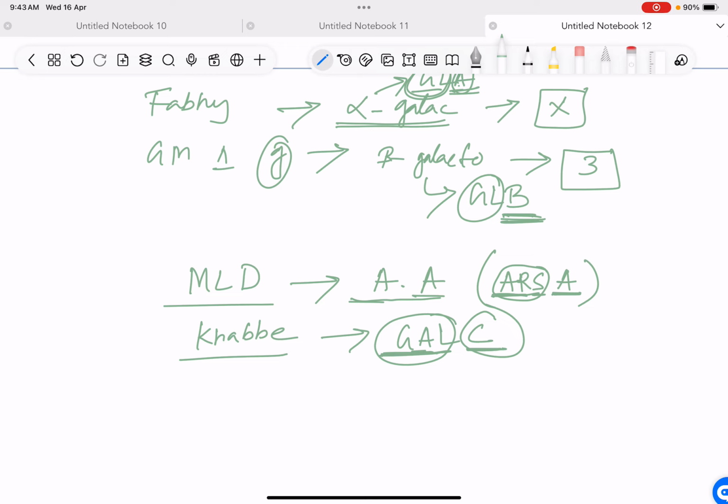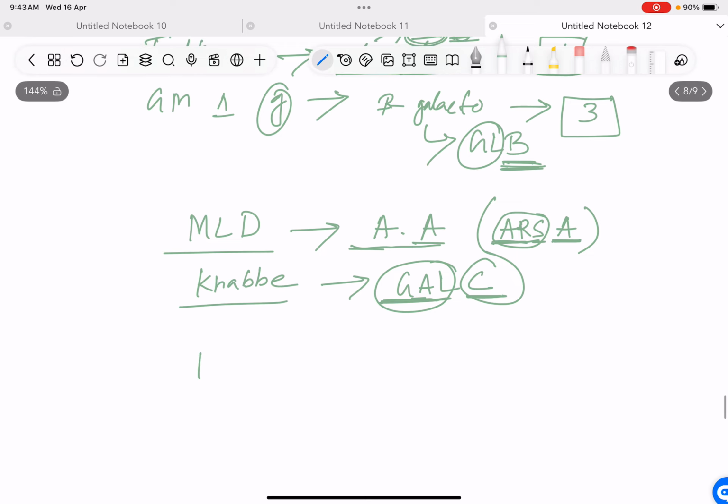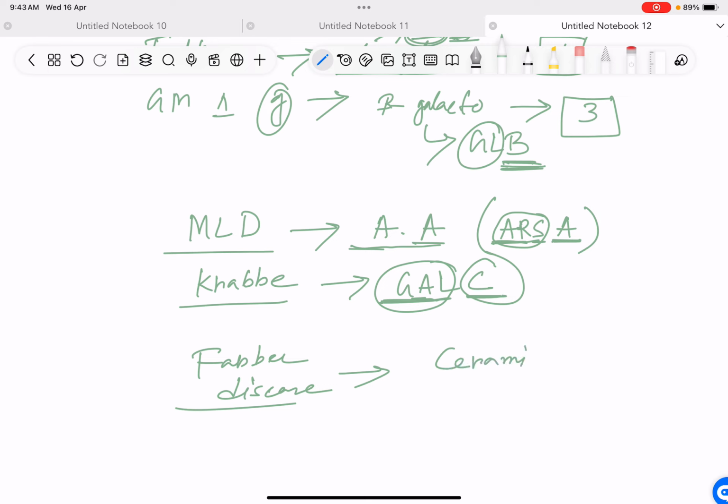Lastly, we have another sphingolipid storage disorder, and that is Farber disease. Farber disease is due to the defective enzyme ceramidase, and this gene is known as ASAH1.